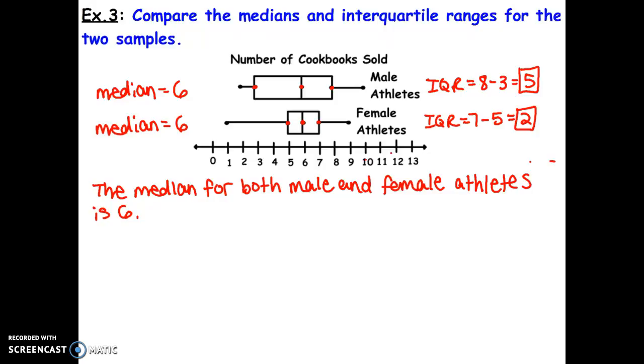Okay, so now we're going to compare the interquartile ranges of the two samples.